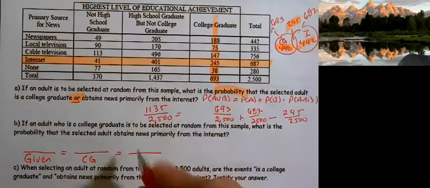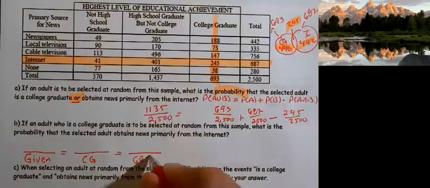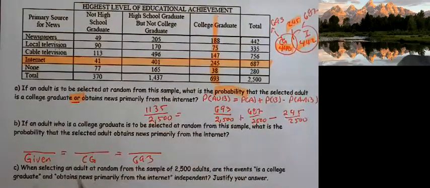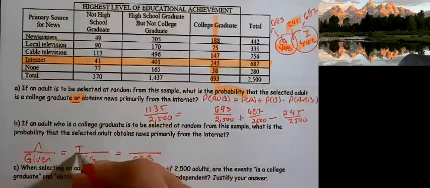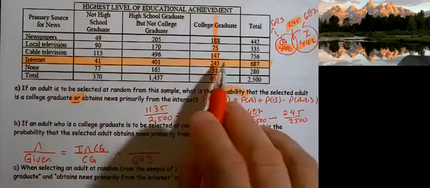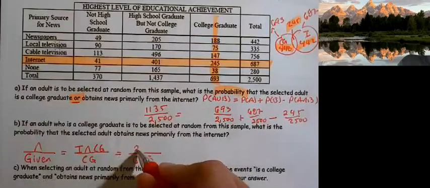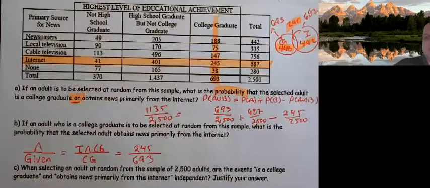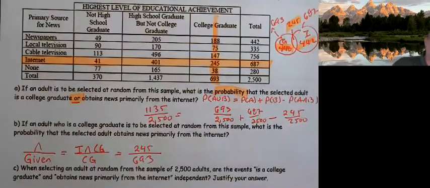We have 693. And then they want to know the intersection. The intersection is going to be the intersection of internet and college graduate. We have 245 of those. So that would be 245 over 693. We okay with that?